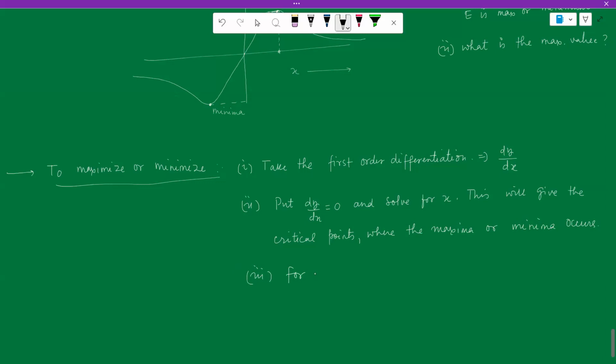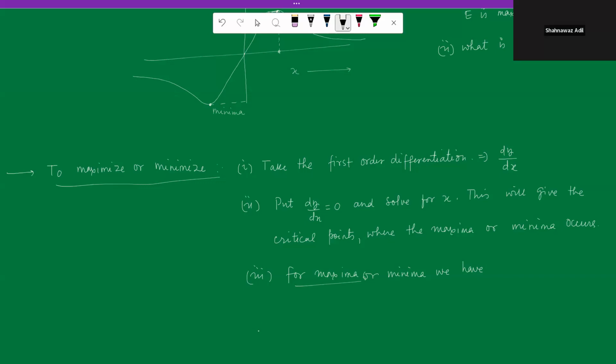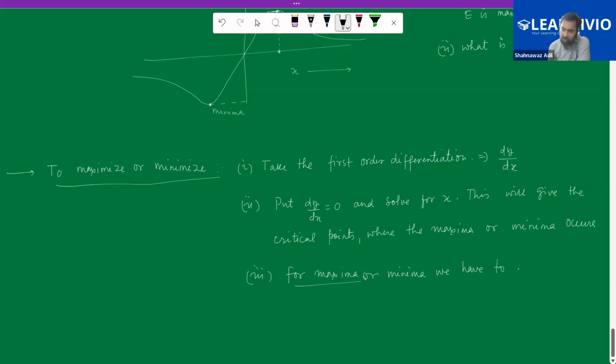So for maxima or minima, we have to again take another differentiation.